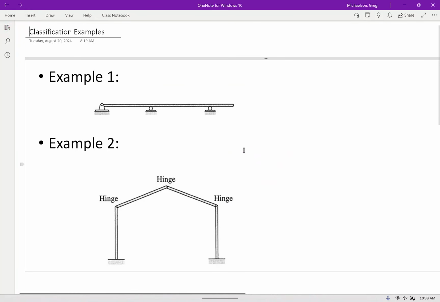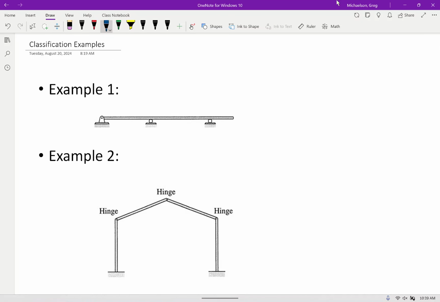All right. Let's see how we can walk through this. I'm going to walk you through the first one, and then I'm going to have you help me with the others. So let's look at example 1. I have sort of an overhanging beam, but I've got a couple rollers here.